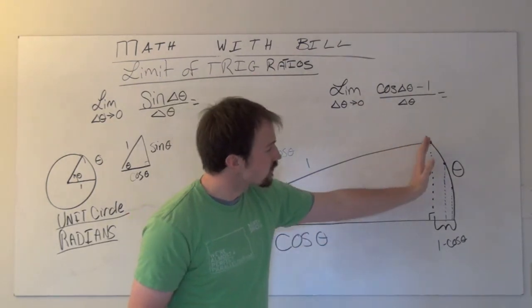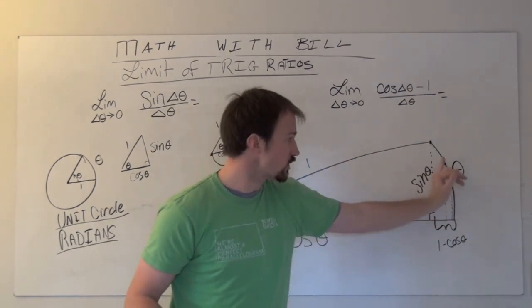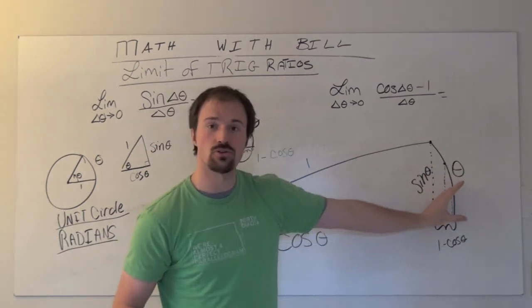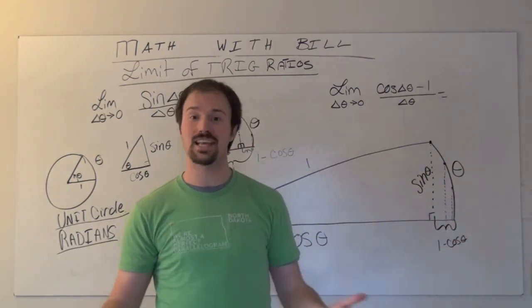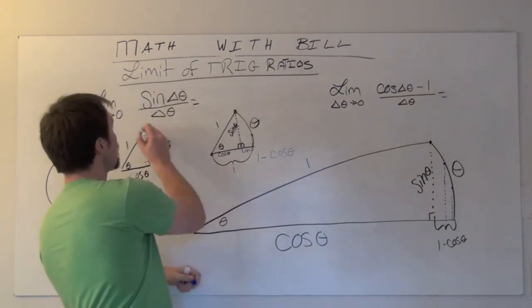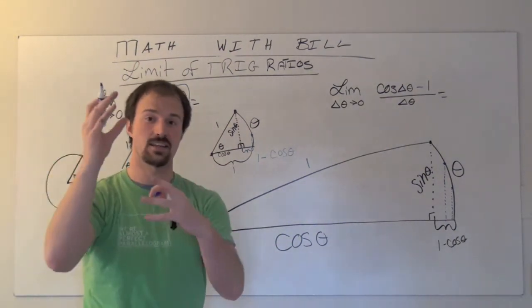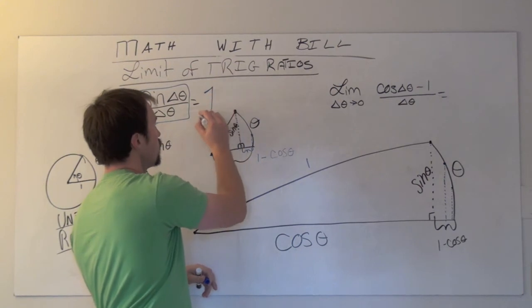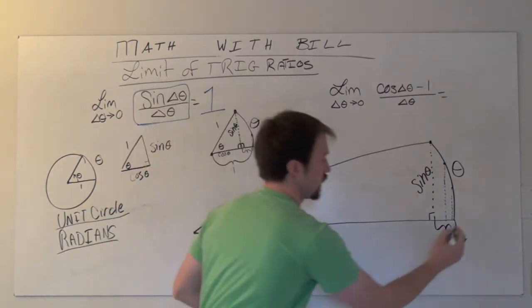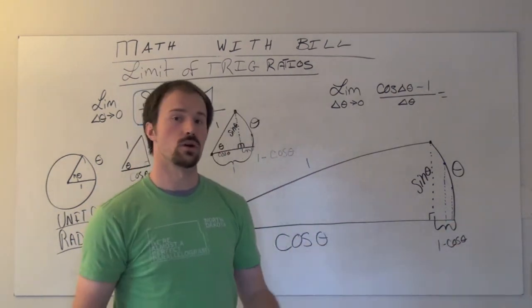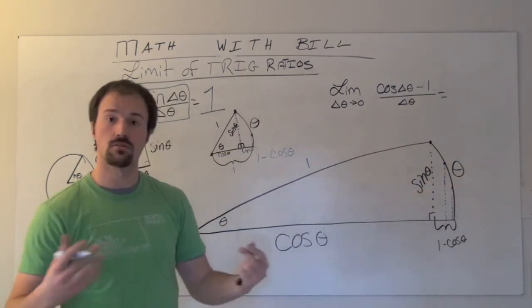As our angle becomes smaller and smaller, the arc length and the sine length become the same, which means this ratio becomes one thing divided by its exact counterpart, and that gives us a limit of 1, because it becomes something divided by itself. So this ratio becomes 1.